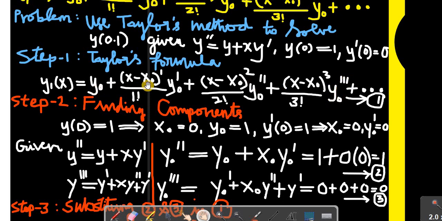If we know all of these components, we substitute them in this equation and we get y of x, or y1 of x.